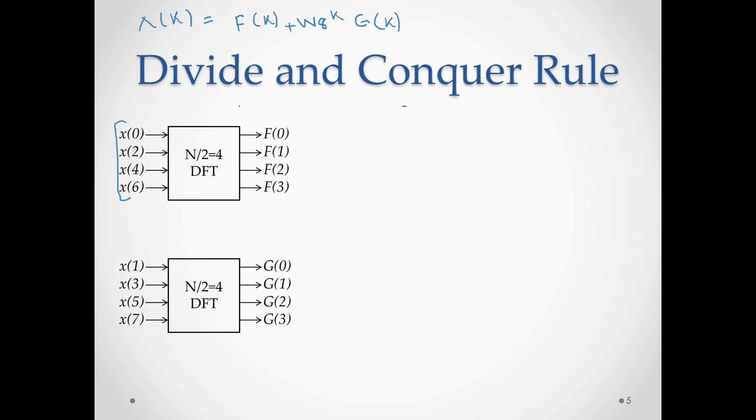These are the 4-point DFT of even entries, whereas our odd terms are written over here and their 4-point DFT are represented as G0, G1, G2, G3. Now, according to this formula, we need to add those terms, whereas we need to multiply W8^k with the G of k term.